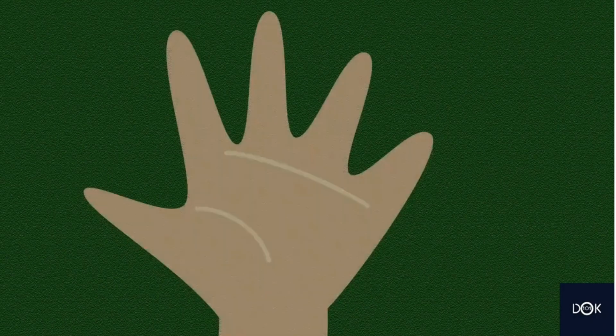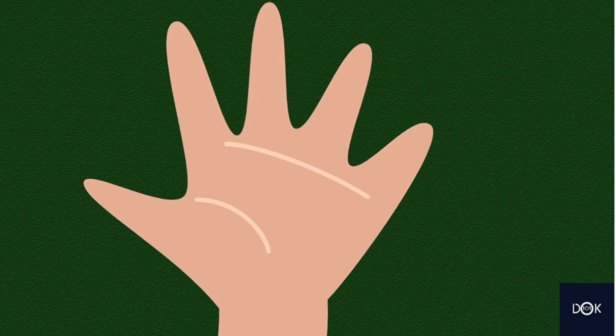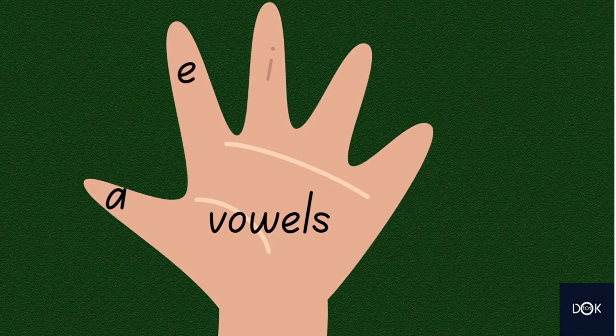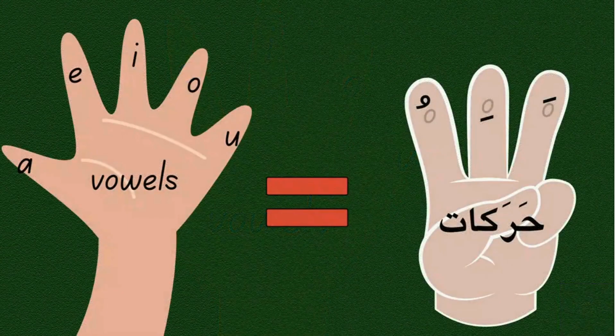But before we get into the Arabic short vowels or haraka in detail, there's something that will help make the sounds of the short vowels easier to understand. The short vowels in Arabic sound very similar to those in English. The five vowels in English are A, E, I, O, U. And the main difference between the vowels in English and Arabic is only the number of the vowels.